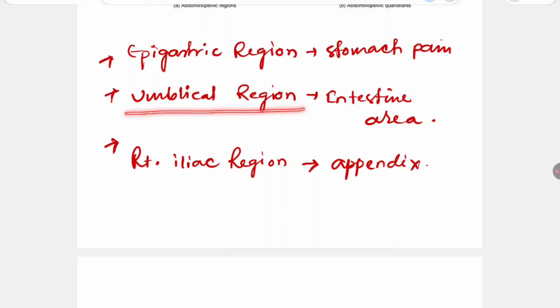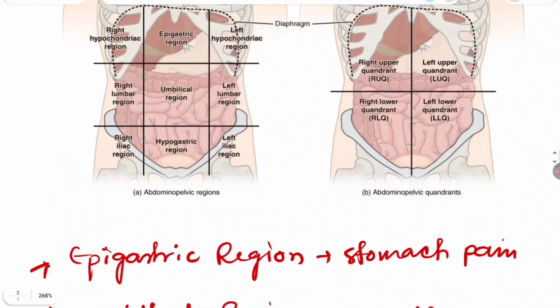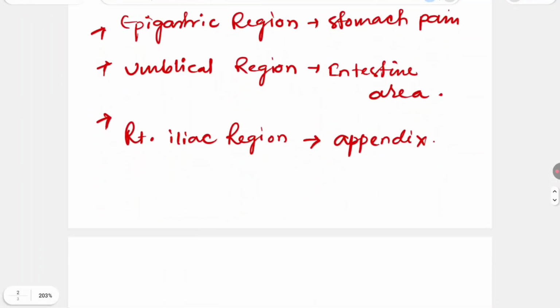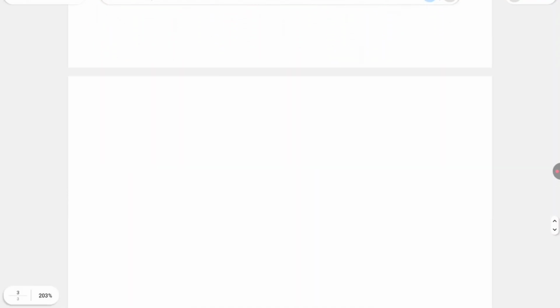In the umbilical area we check the intestine area, because here you can see all the intestines are present. So we can check the intestine by the umbilical region. And in the right iliac region the appendix is there. So mainly what diagnosis are we doing? Appendicitis, gastritis or any kidney problems, we will check these areas.